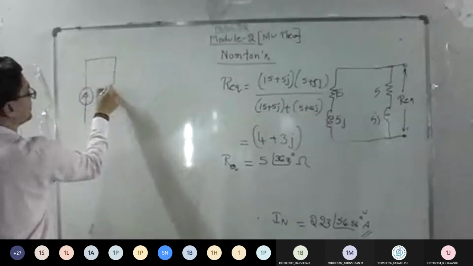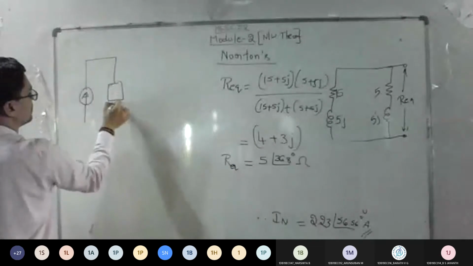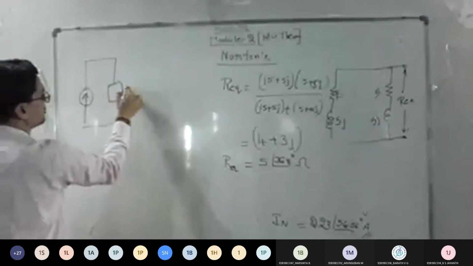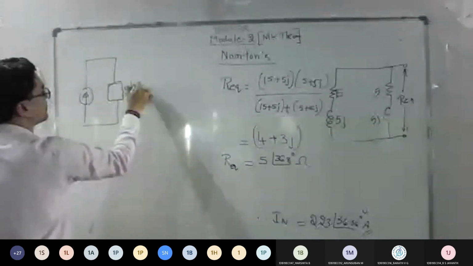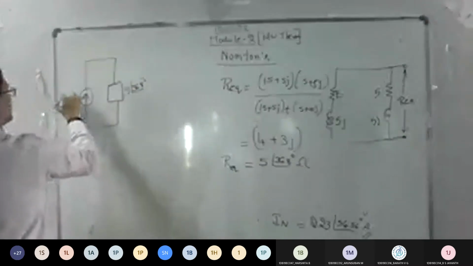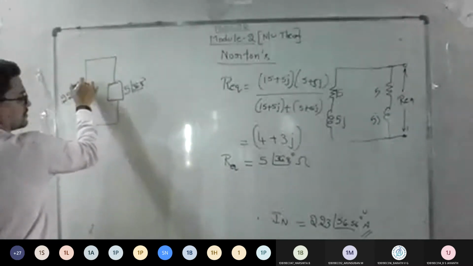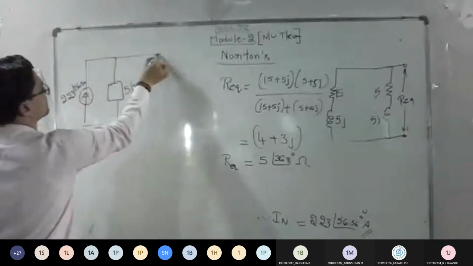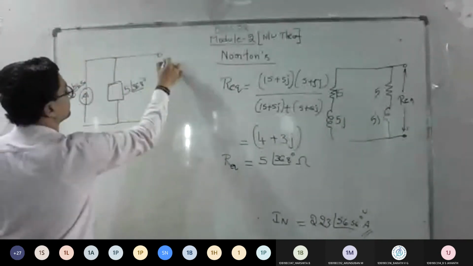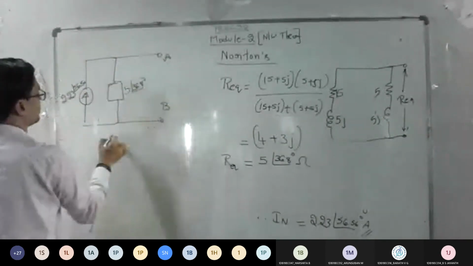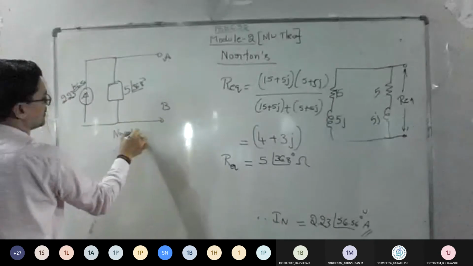If it had been negative, you should have changed things. Now for impedance, the symbol will change. So R equivalent is 5 at an angle 36.87, and this is 2.236 at an angle 56.56. The terminals will be connected AB. So this is your Norton's equivalent circuit.